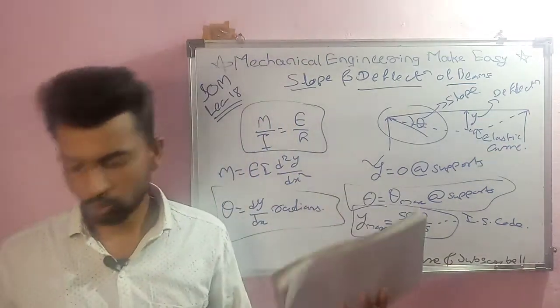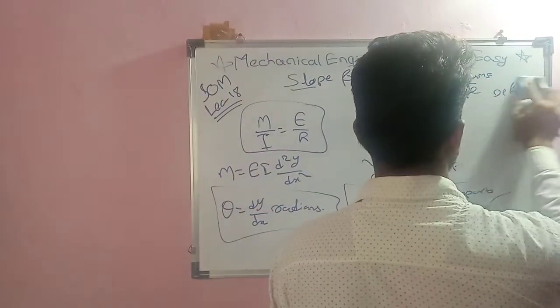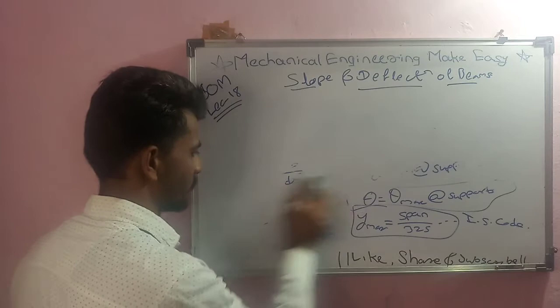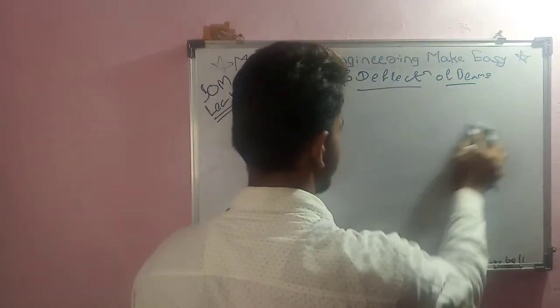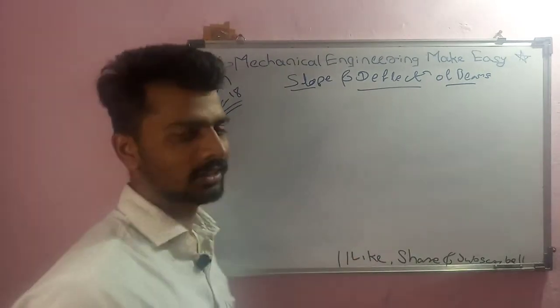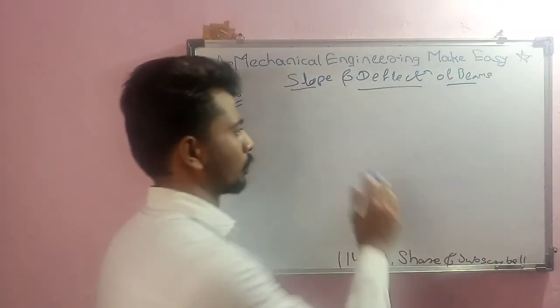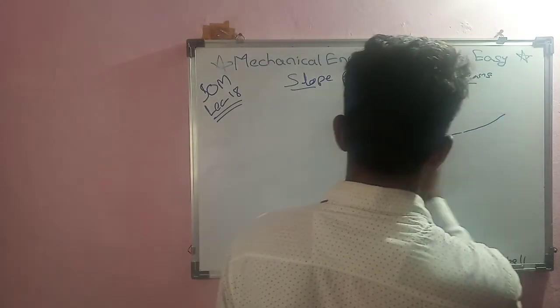Now we will move towards another concept, that is boundary conditions. For boundary conditions we will only see two cases: first is the simply supported beam and second is the cantilever beam, because other conditions just add some complications. In the case of a simply supported beam, such a curve will form.